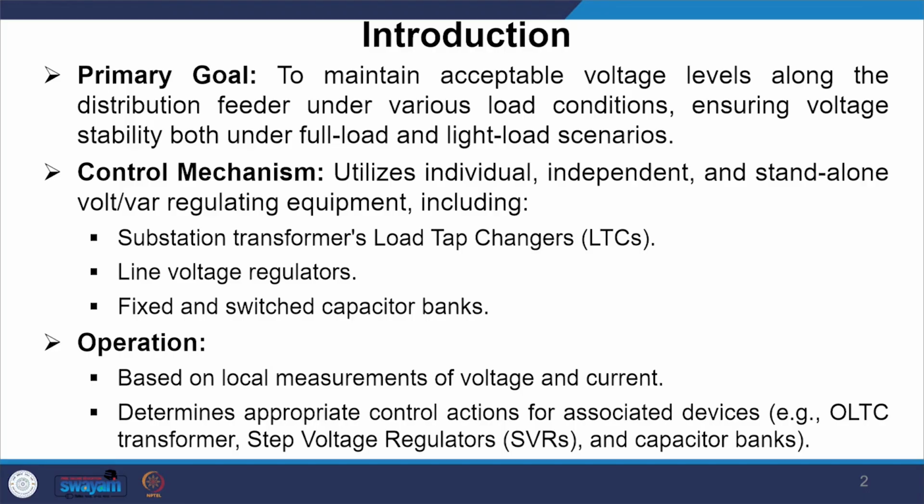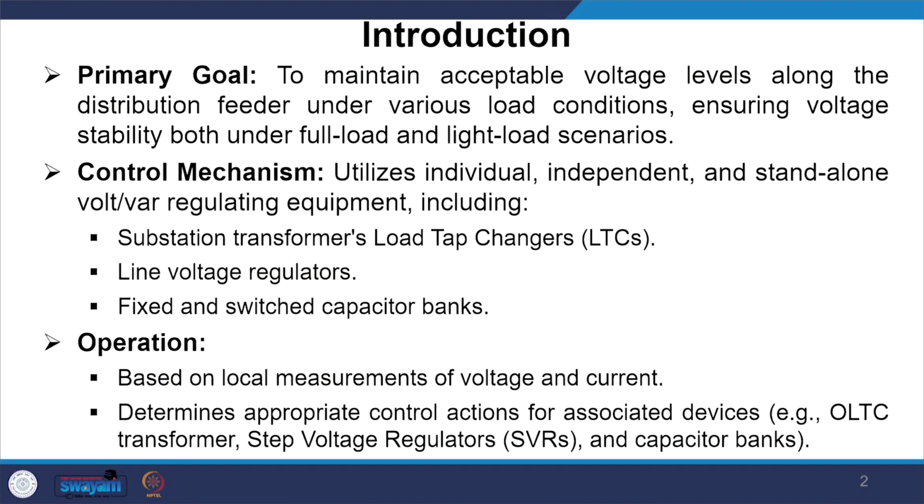And hence it is important to maintain acceptable voltage levels along the distribution feeders under various load conditions and ensure voltage stability both under full load as well as light load scenarios. Now, how do we achieve it?